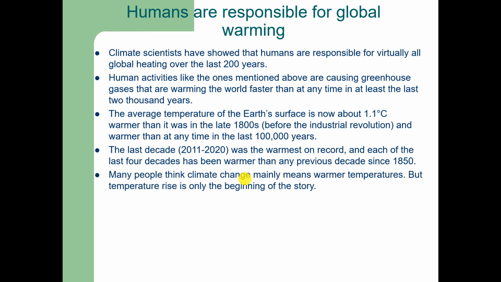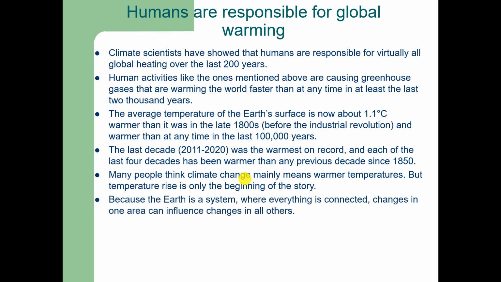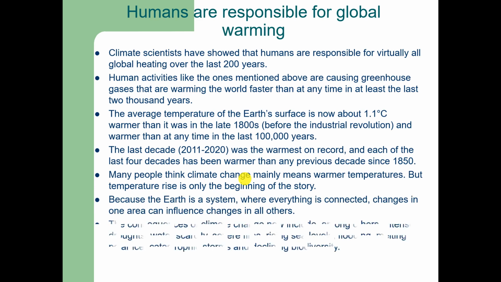Many people think that climate change mainly means warmer temperatures, but temperature rise is only the beginning of the story. Because the Earth is a system where everything is connected, changes in one area can influence changes in all others.